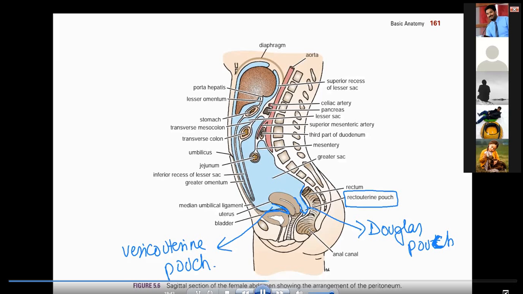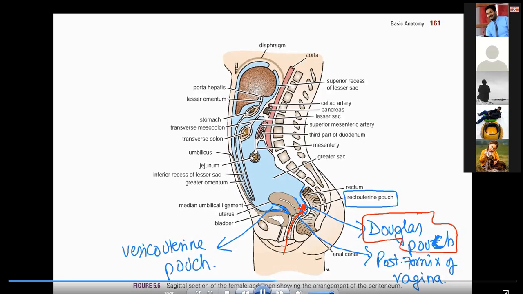And see here, this Douglas pouch is in close relation with the posterior fornix of the vagina. Sometimes fluid accumulates in the Douglas pouch, and if I want to remove this fluid, I will enter through the vagina, and through the posterior fornix of the vagina, I can remove the fluid from the Douglas pouch.